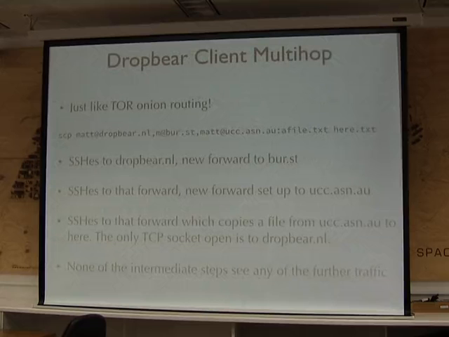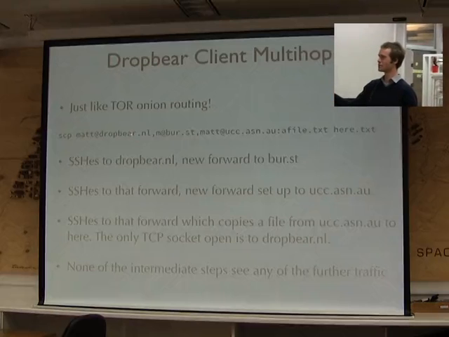One unique feature of Dropbear is multi-hop. So often you can only hop through one machine, there's a firewall machine or something you have to go through, and you want to transfer a file or something. You say, oh, I have to copy it to the firewall machine and then copy it to my own machine. What a hassle. So instead, you just put commas between all the hosts.